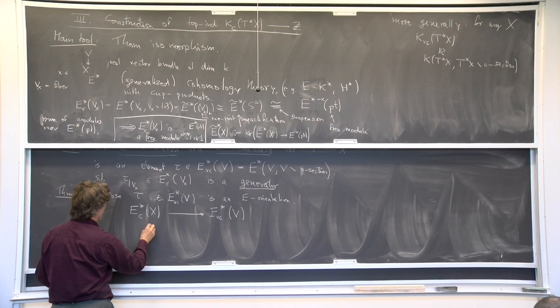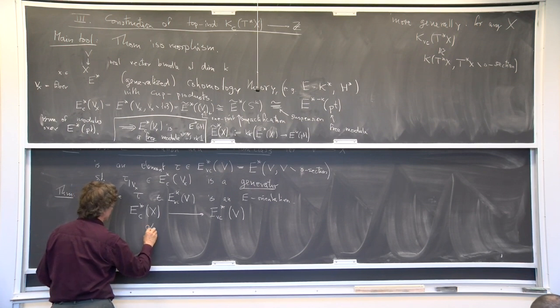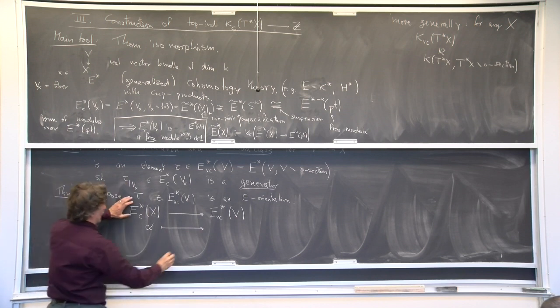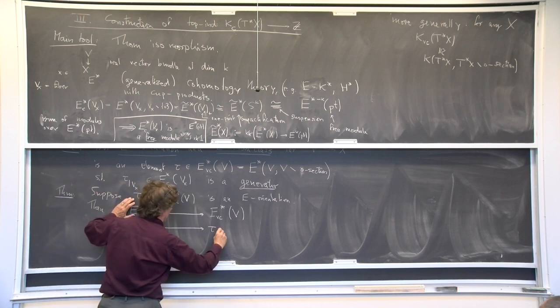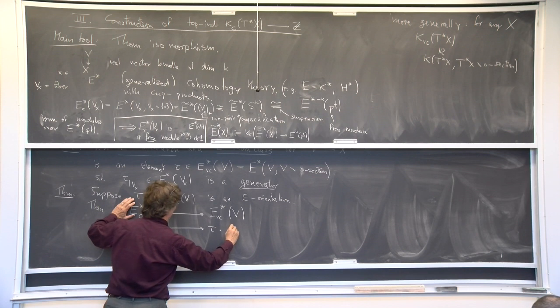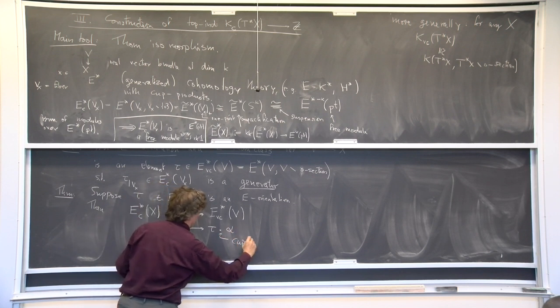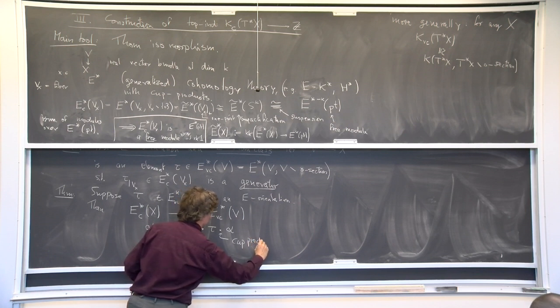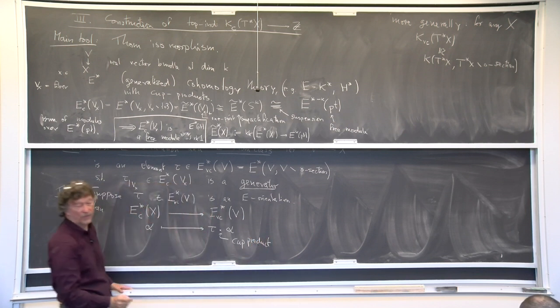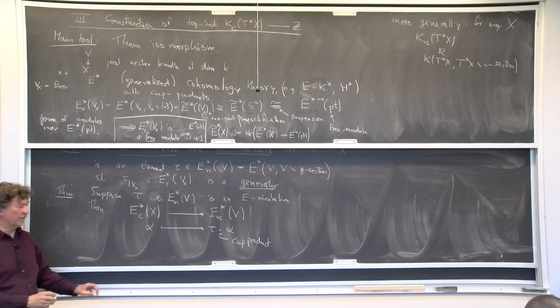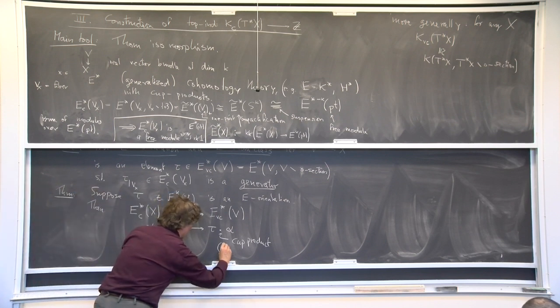So if I have any class alpha here, then I take tau and I multiply it by alpha. So this is the cup product. In the case of K-theory, which we were interested in, this will be given by a tensor product of the bundles and vector bundle maps involved. It's a tensor product.